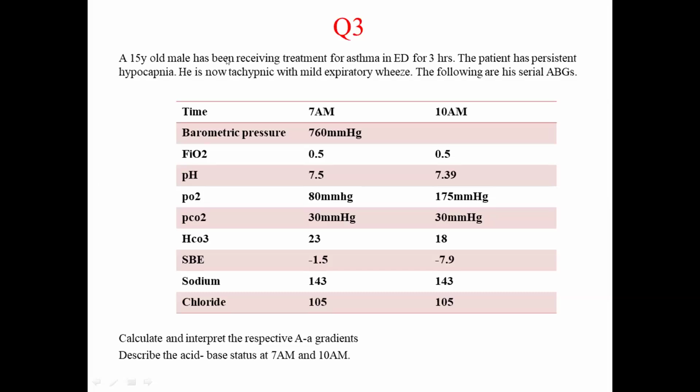Okay, good. So your A-a gradients are nearly equal. Good. Now, can you calculate the acid base abnormalities at 7 a.m. and 10 a.m.?